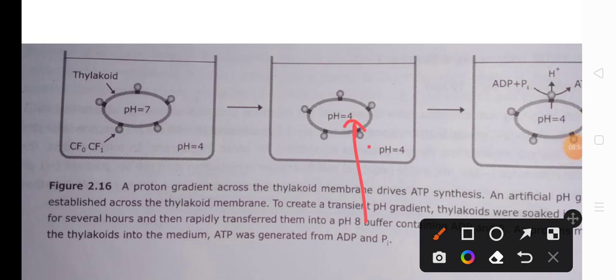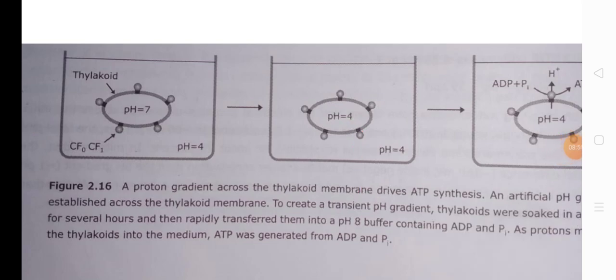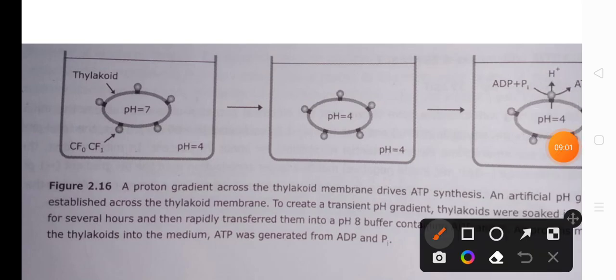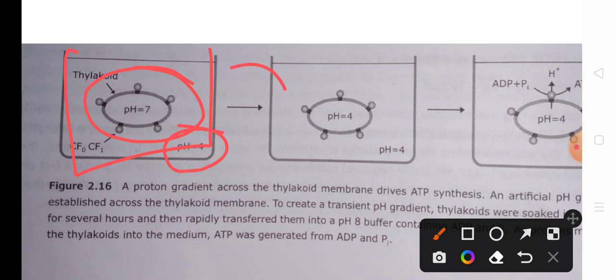So they equilibrated a chloroplast thylakoid vesicle containing CF0 CF1 particles in a buffer solution of pH 4 in the dark condition, and after some time the pH of the lumen becomes 4, that is the equilibrium with the environment.